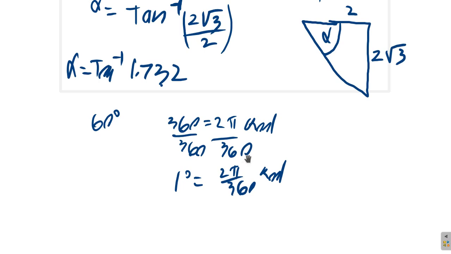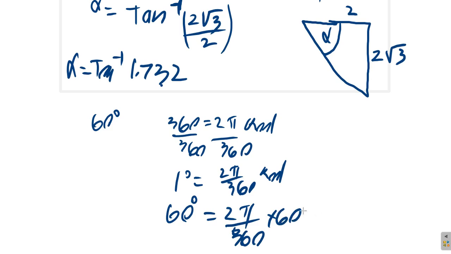Hopefully you'll be able to put it in radian mode, unlike my calculator there. So 60 degrees is 2 pi over 360 times 60. 60 into 60 is 1, 360 into 60 is 6, so 2 over 6, which is 1/3 pi. Alright, so alpha is 1/3 pi radians.